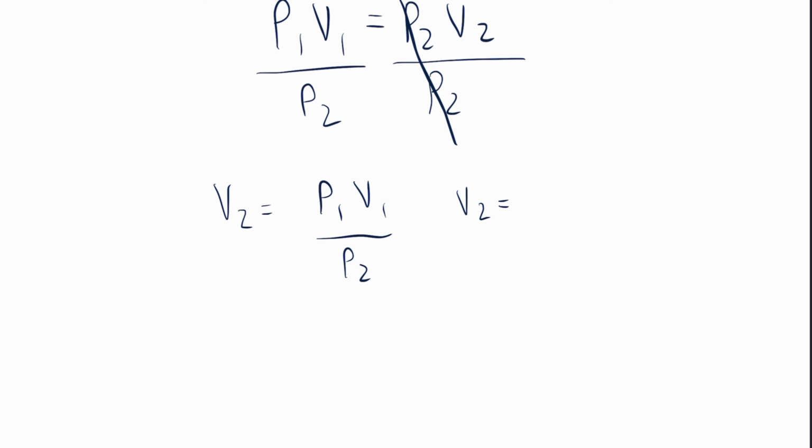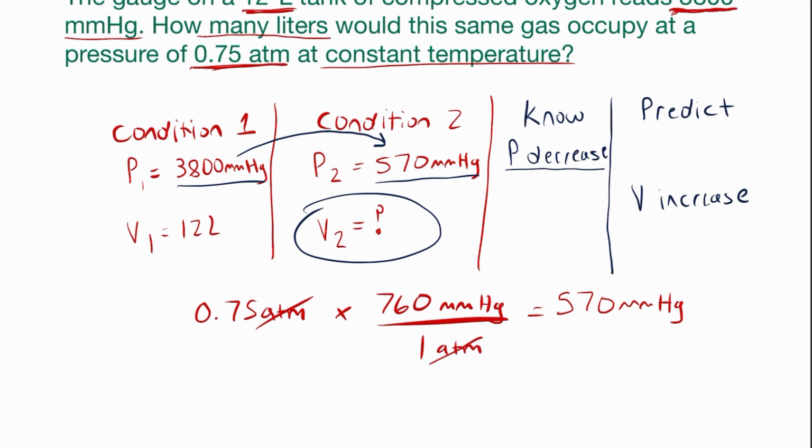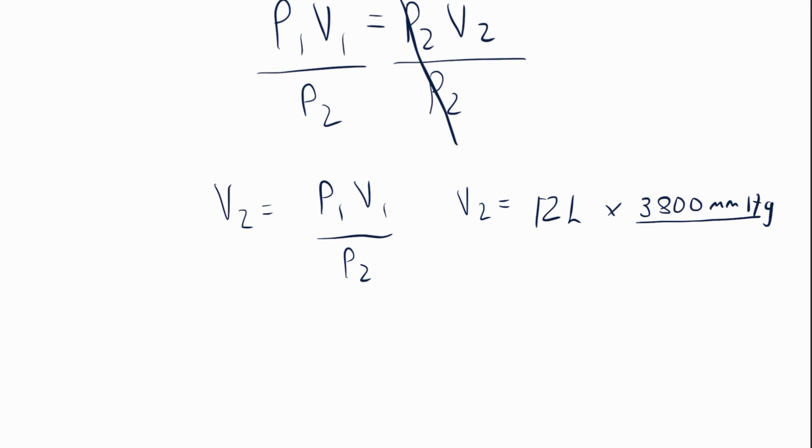So we can do our 12 liters times our first pressure, which is 3,800 mmHg, over our second pressure that we got, which is 570 mmHg.